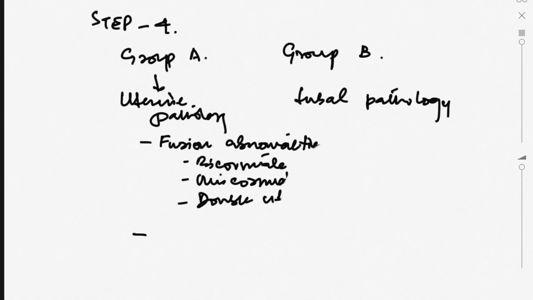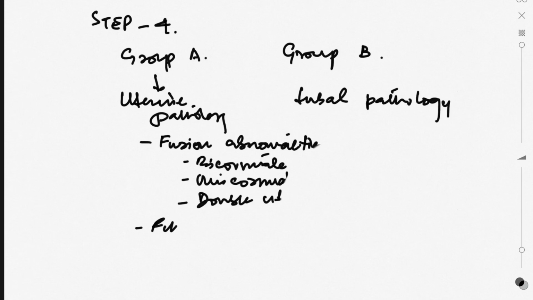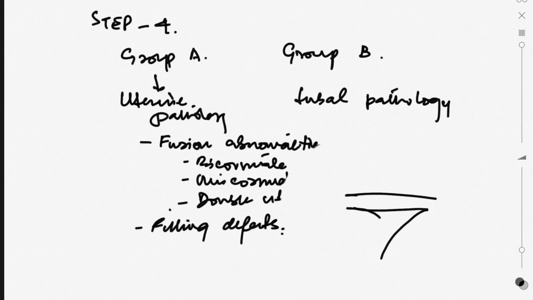And the second group is filling defects. Again, the cavity should appear triangular, but suppose there is some filling defect and the cavity turns out to be irregular. This is a defect, and we can see on X-ray that there is some defect.